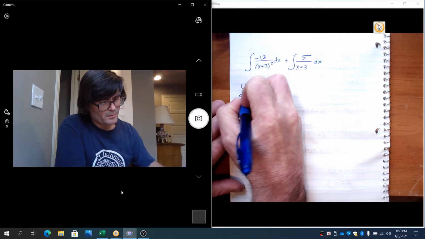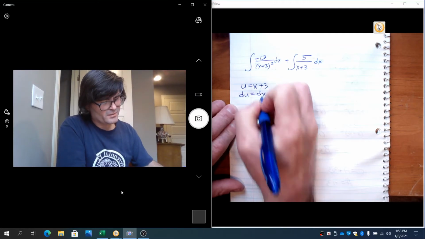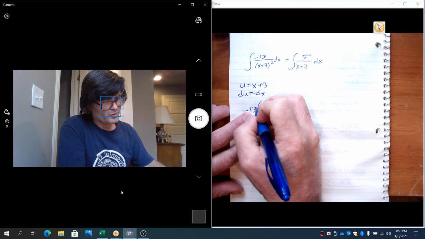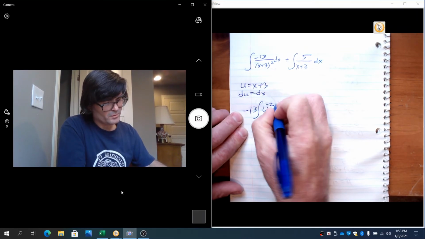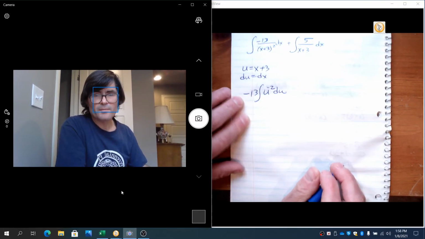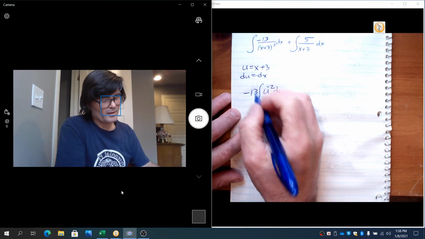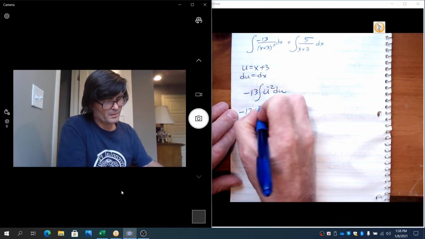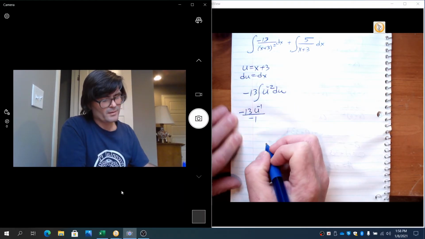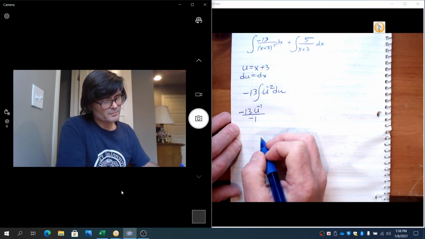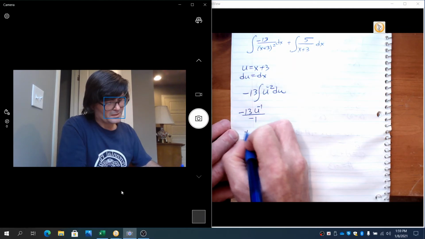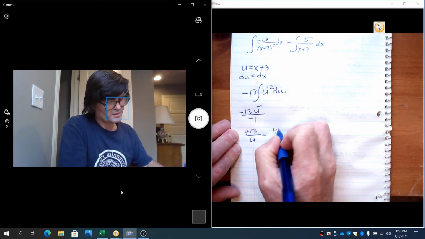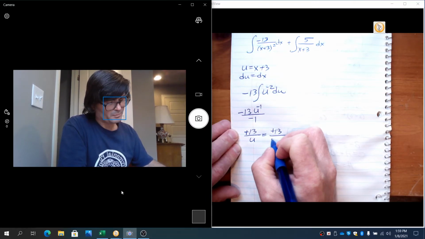That's where I was. I'm going to just go ahead and make my u x plus 3 for this first integral. du equals dx. So this would be minus 15, and then you would have u to the minus 2 du. The power goes up by 1 and divide by that new power, so we have u to the minus 1 over minus 1. And that would be positive 15 over u, which is positive 15 over x plus 3.